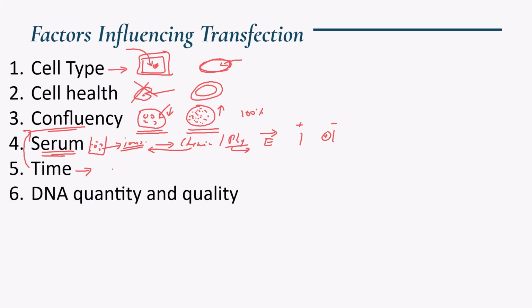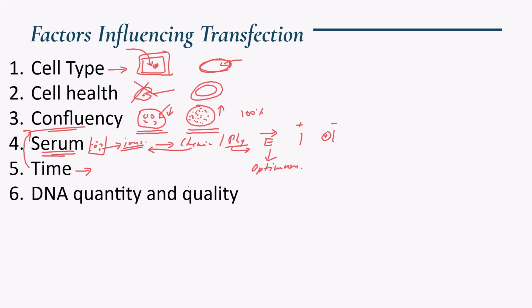Then 2, the time or duration for which the transfection process is applied also depends upon the time. See, if we are doing some electroporation, the time of applying the electric field is very determinant. So if the time is more or if the time is less, we will not get optimum transfection, right?